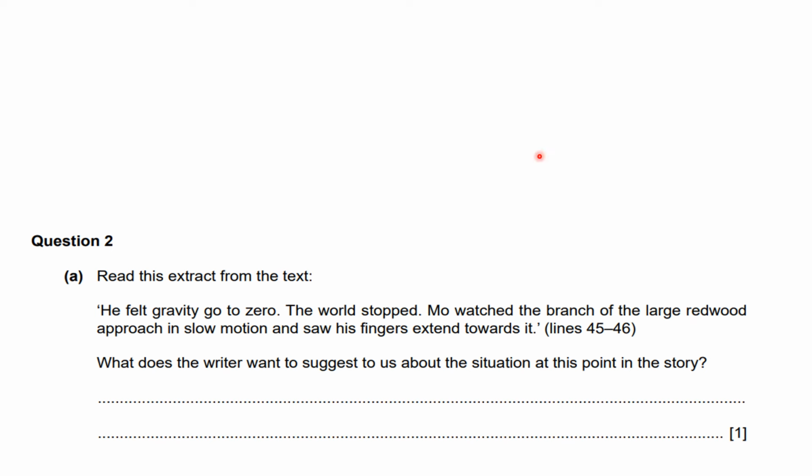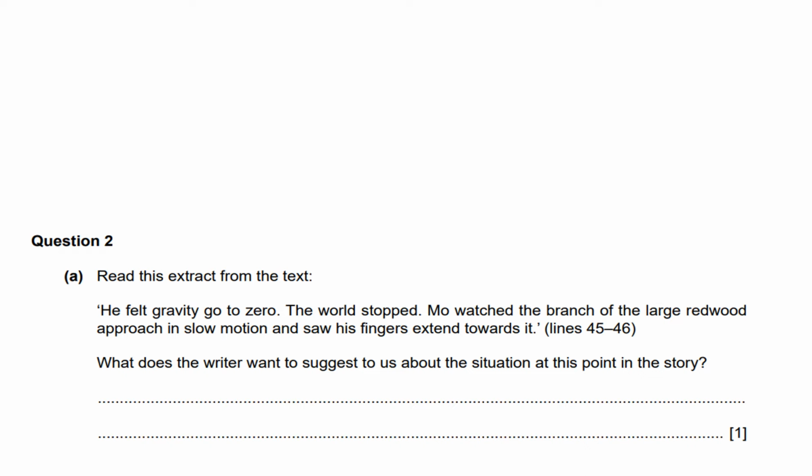Now if we look at the first question, 2A part, the questions are named 2A, B, C, but a line has been given. He felt gravity go to zero. The world stopped. Mo watched the branch of the large redwood approach in slow motion and saw his fingers extend downward to it.